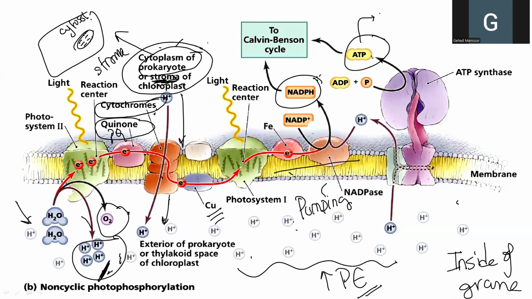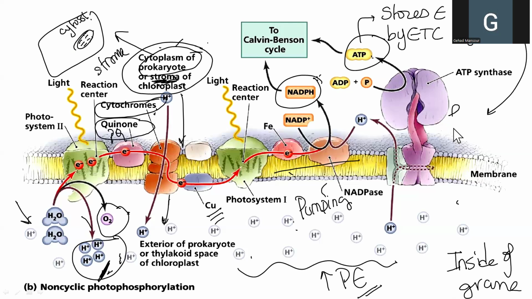So ATP, it stores what? It stores the energy released by the electron transport chain of photosystem 2, right?